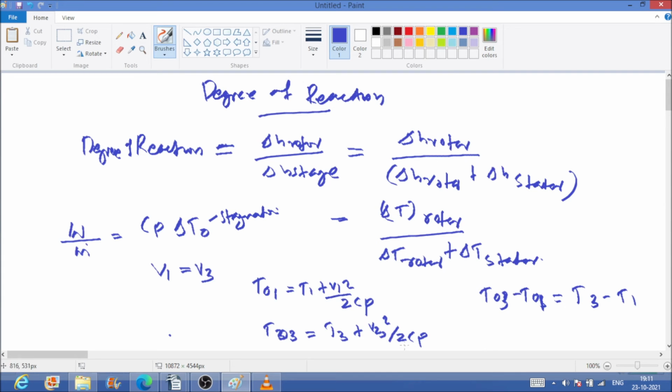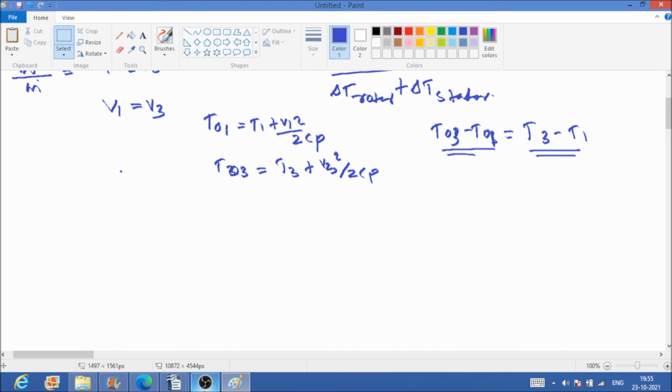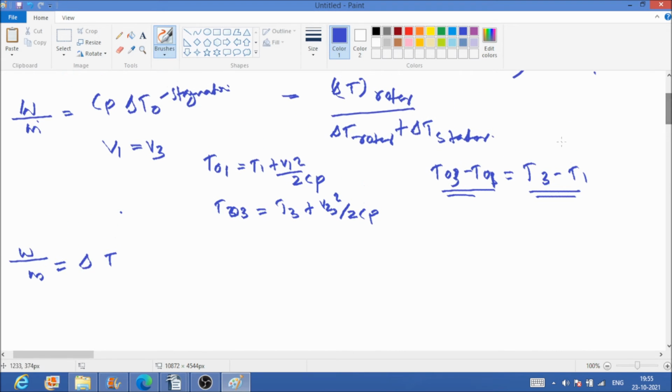So V1 is equal to V3, and the stagnation temperature difference is equal to the static temperature difference. That means W by m is equal to Cp delta T0, which is equal to Cp delta T, the static temperature difference.